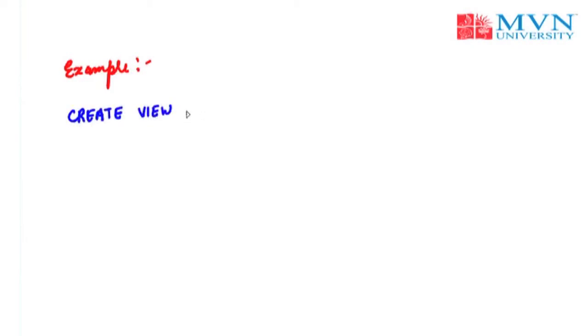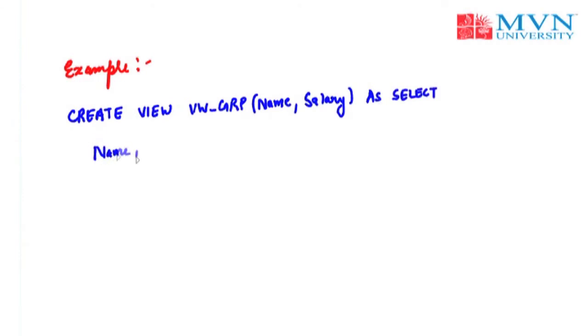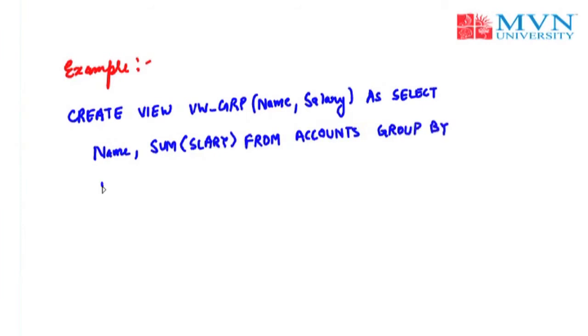Suppose the view has been created as vw_group and it includes name, salary as select name, group function, suppose sum salary from accounts group by name.